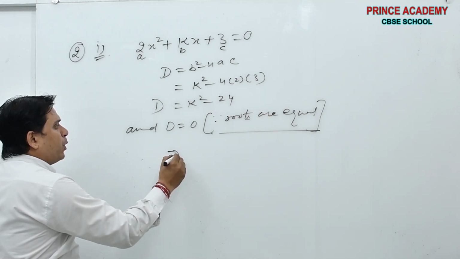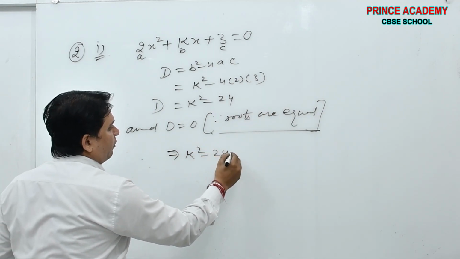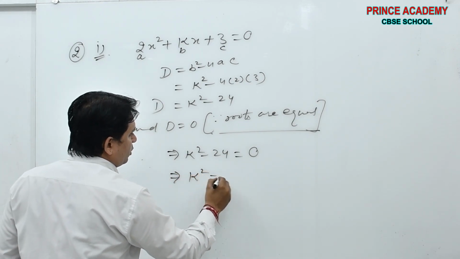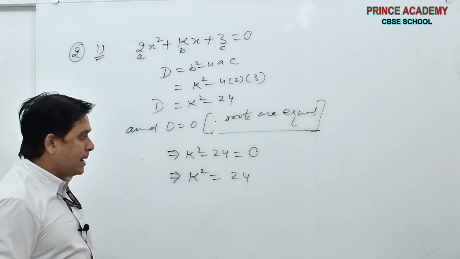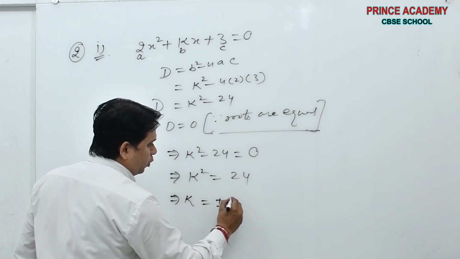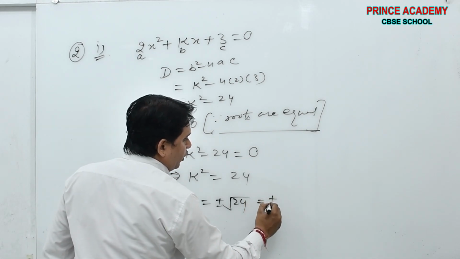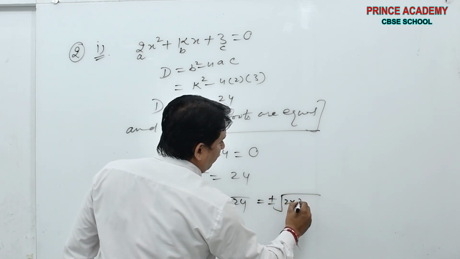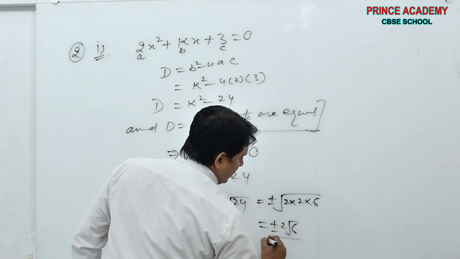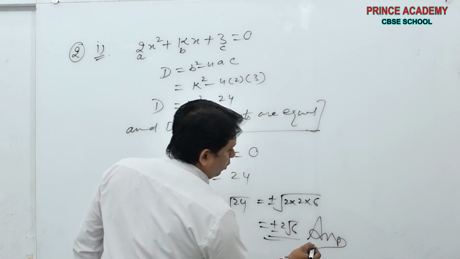Can I put k square minus 24 is equal to 0? From here, k square is 24. Done. And from here, k is equal to plus minus root 24. And you want to elaborate? 2 2s are 4, 4 6s are 24. Plus minus 2 root 6. This is the answer. Yes or no?